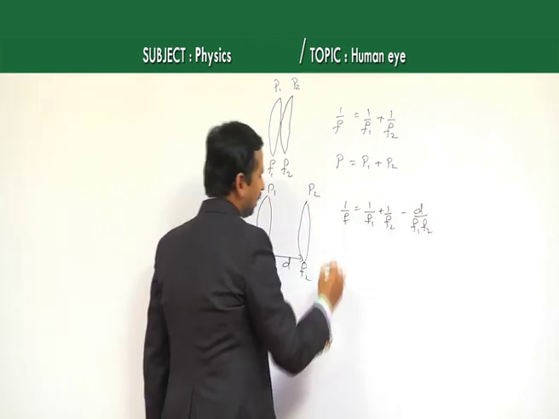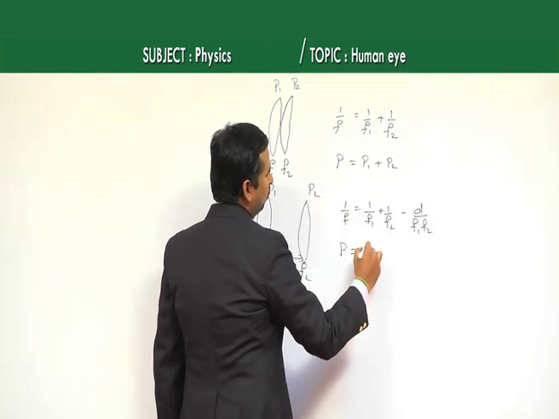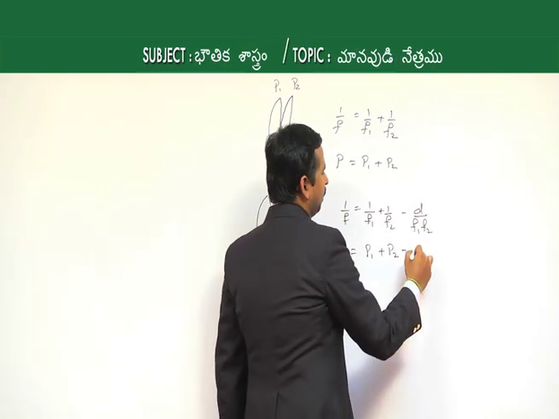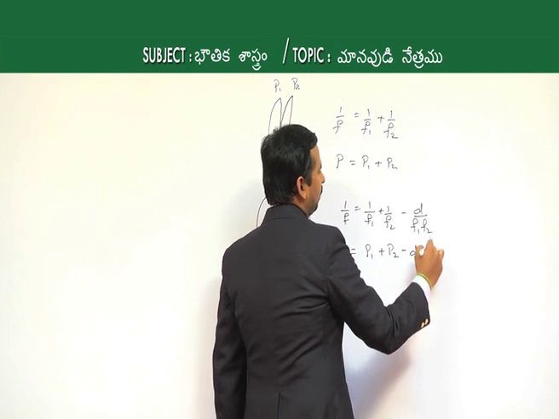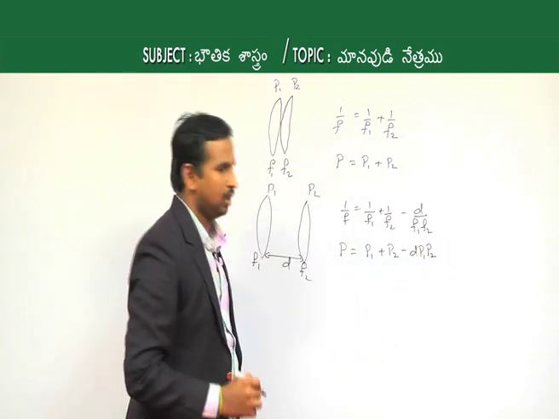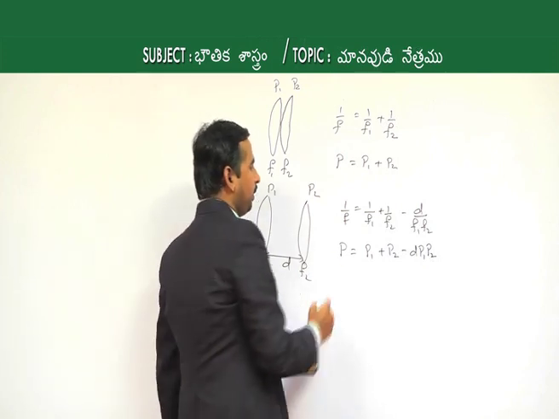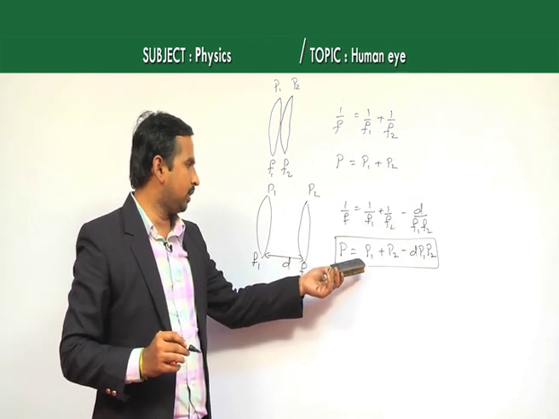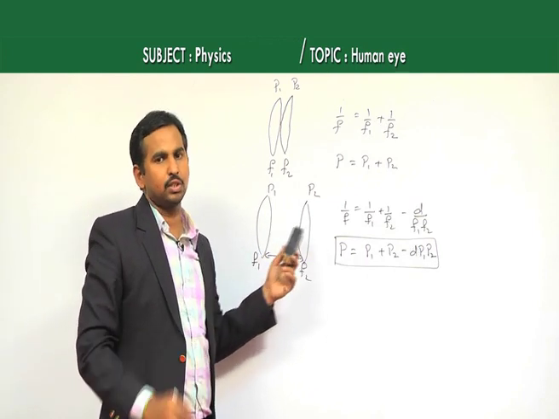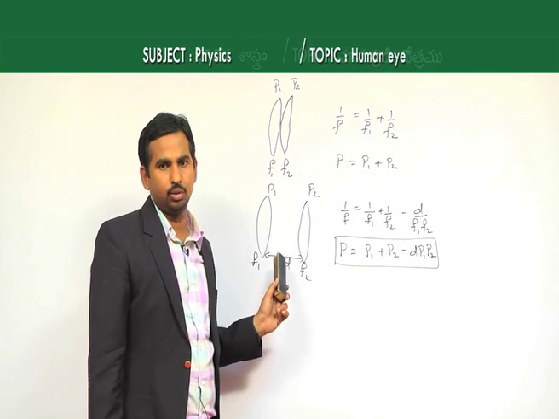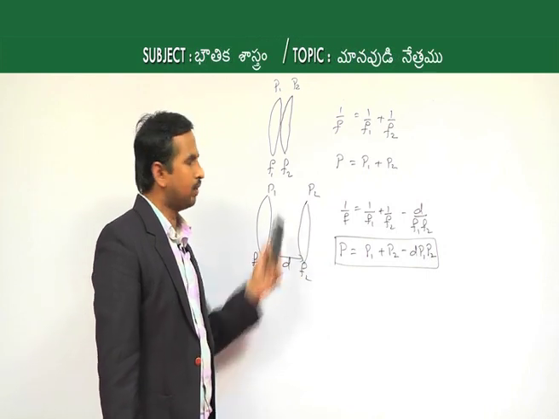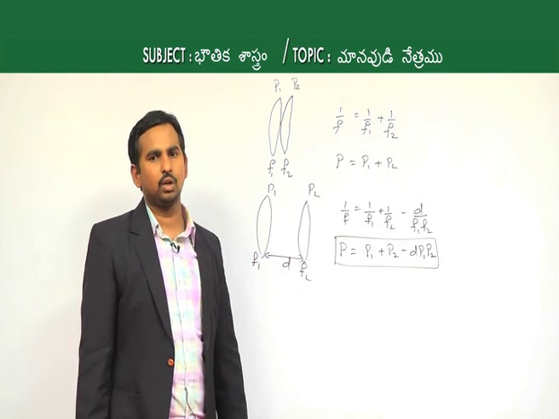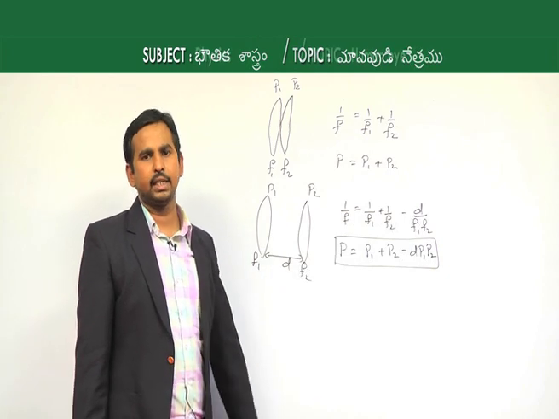So p is equal to p1 plus p2 minus d p1 p2. We use this when there is a distance between the two convex lenses. The same formula applies to concave lenses also, but we have to apply the sign convention to the focal lengths.